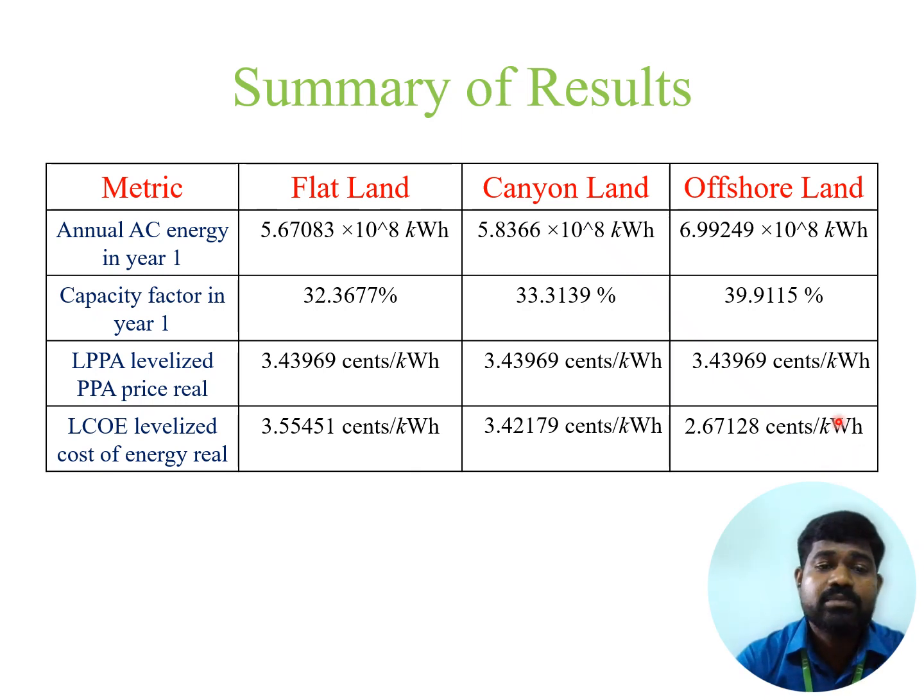The maximum annual energy is produced on offshore land. The offshore land result for maximum energy is 6.99249 into 10 power 8 kilowatt hours per year.